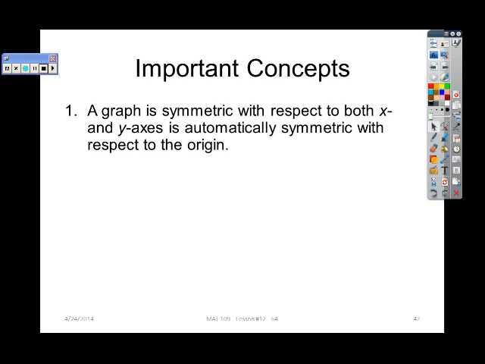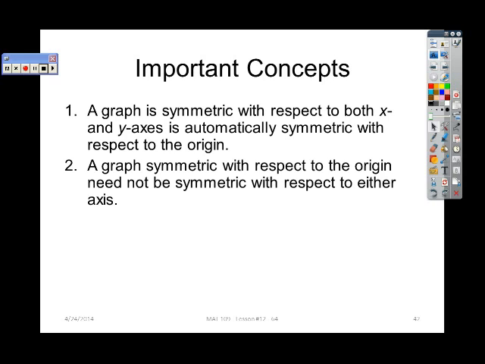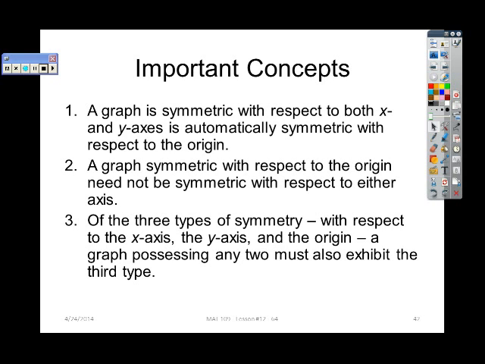Now, one of the properties of these three different types of symmetry is that if you have both x and y symmetry, you will have symmetry with respect to the origin. In fact, if you have any two, the third one must be true. You could have symmetry with respect to the origin and not have either of the others.